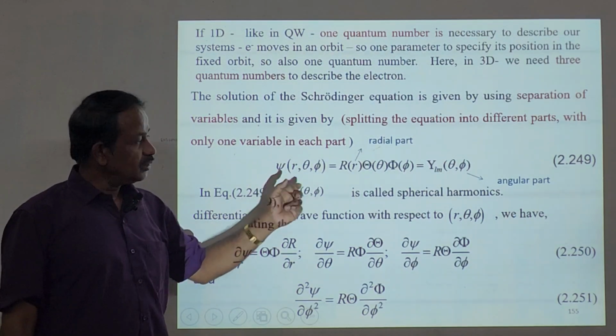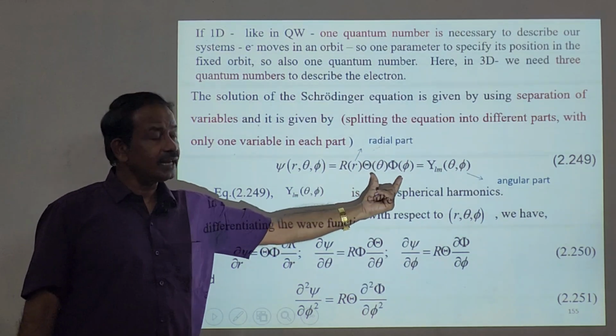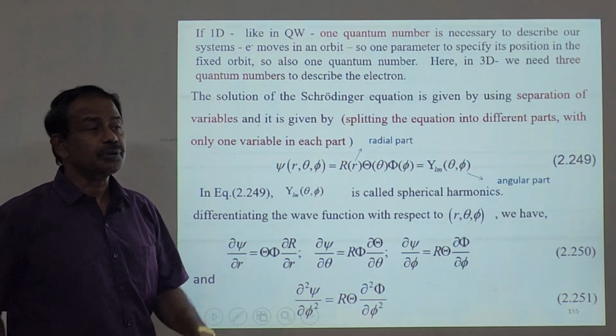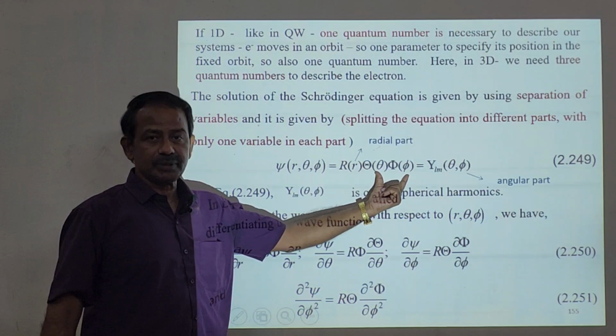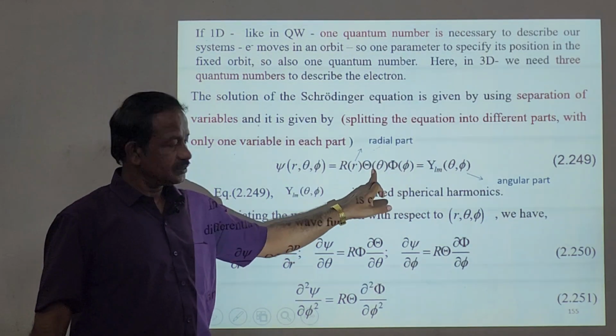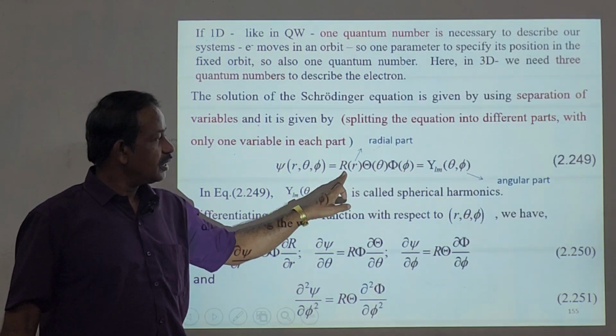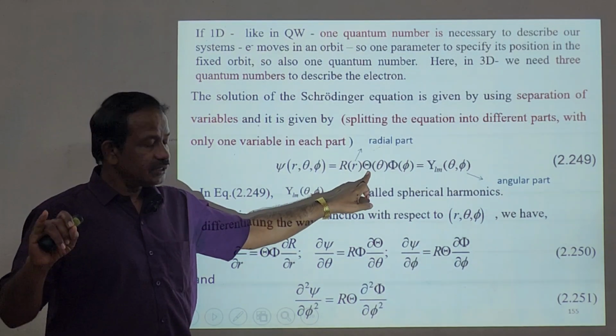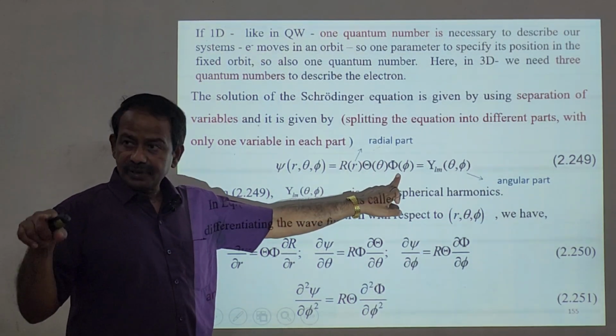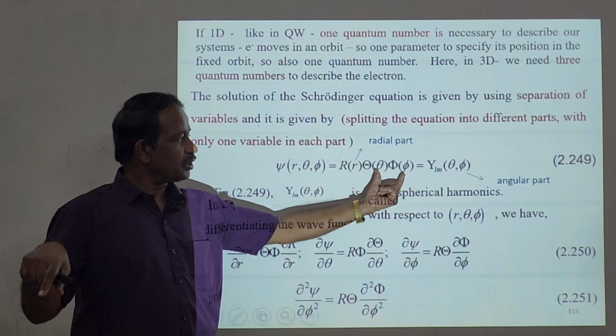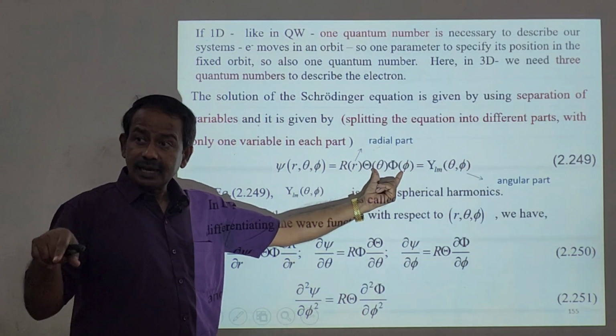Now introduce the wave function, which is nothing but the product of the radial part and angular parts. R of r is the radial part. Theta of theta is the theta part. Phi of phi is the phi part.